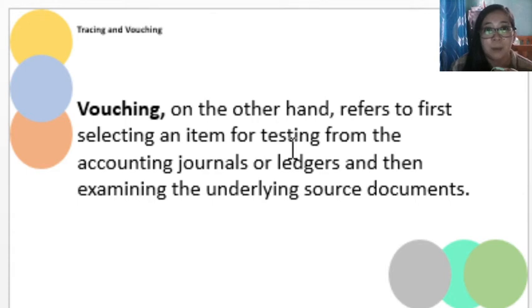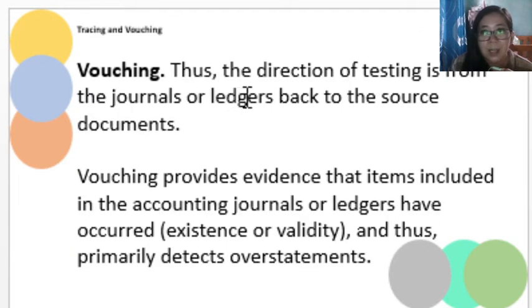This is what we call vouching, just the opposite of tracing. Again, in vouching, the auditor starts testing from the books of the entity and then follows through to the source document. This is the direction of vouching.